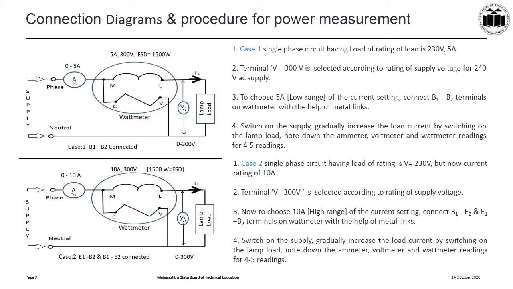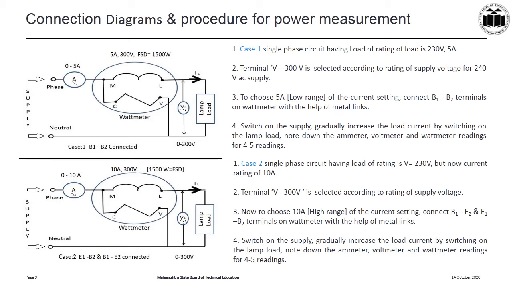For selecting the 5 ampere range of current terminals, B1, B2 are connected using metal links. Potential coil CV is connected to 300 volt. In the experiment, to increase the load current, lamps are switched on and readings shown by the wattmeter are recorded.